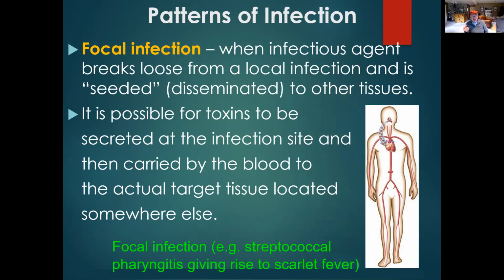You have lots of cells that are producing exotoxins that are carried through the bloodstream, but whose target tissue is far from the initial localized region. And your book makes an example of how a streptococcal infection in the pharynx can give rise to scarlet fever, which impacts the heart. So don't always assume that the infection is right at that same location. It can very often be elsewhere in the body.